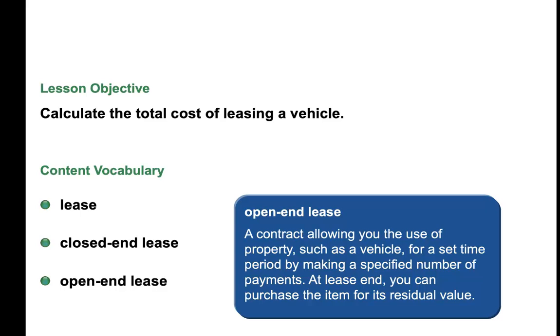Now, on some vehicles, that is a bonus, okay? Because maybe you have paid in quite a bit of money, and then they're going to offer you what the value is left to purchase it. And then if you really like the vehicle, you have that option.